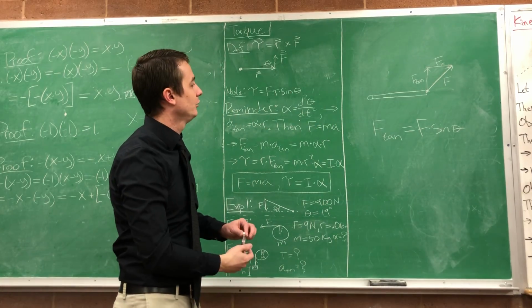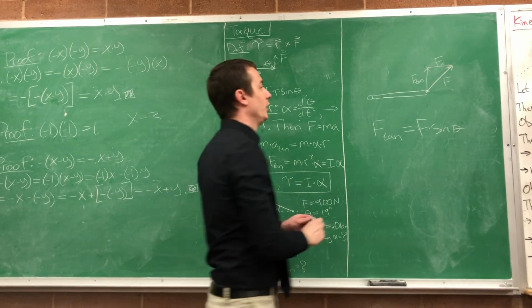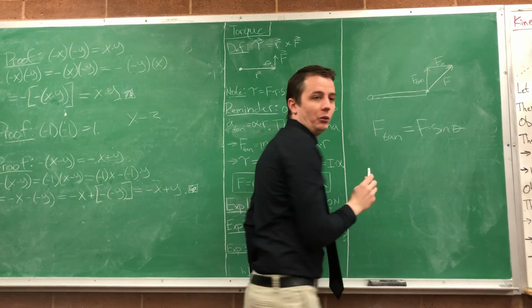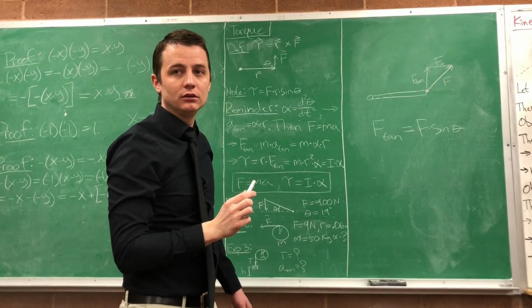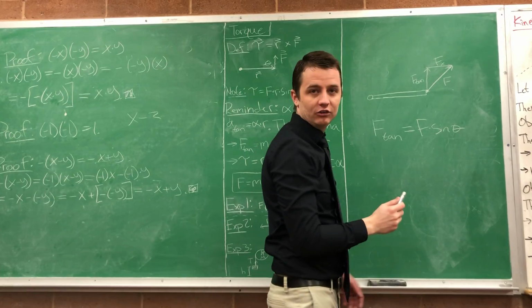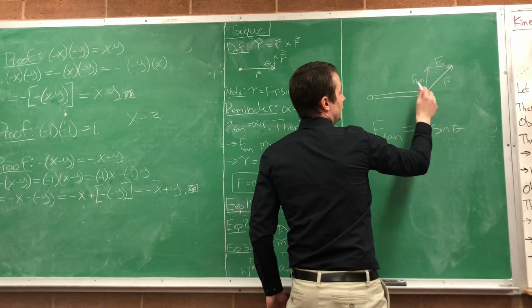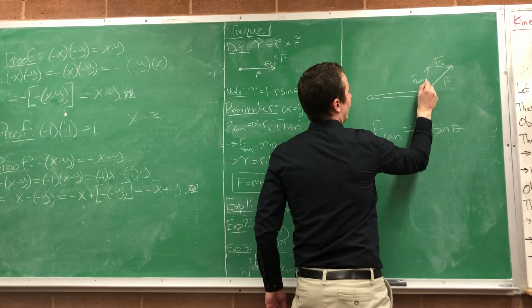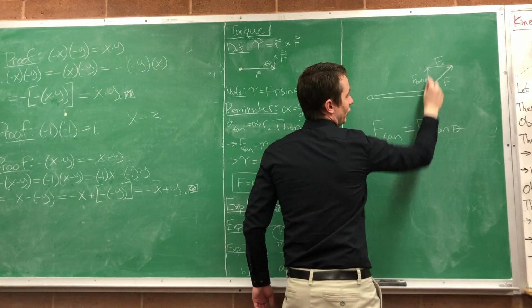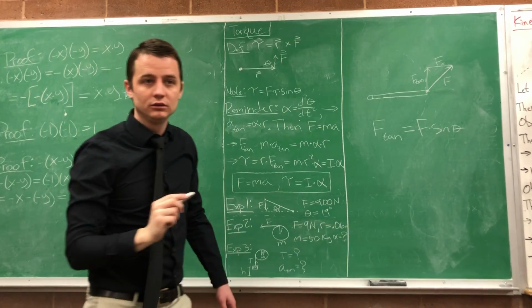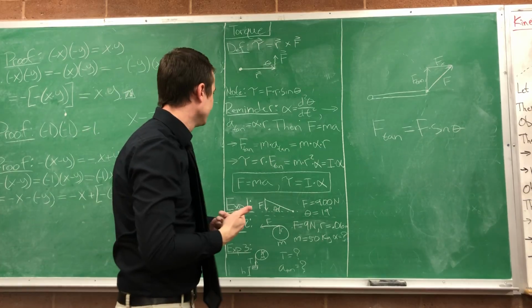So it's the component of the force that's tangent to the way we're rotating. And you get why it's called a tangent? If we carry this out, it's going to make the arc of some circle, and so this is tangent to that circle, that line. That's why it's called that.